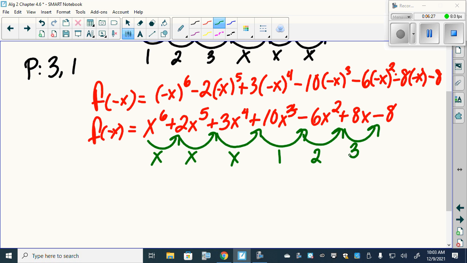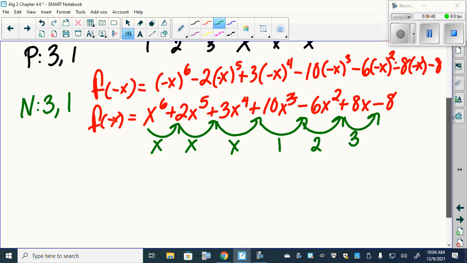So our negatives could be 3 or 1, because we take whatever the top number is for the sign changes and start subtracting 2, so we can't go any further, we hit a negative. 0 will not work, because we can't have 0. Any questions on this here?